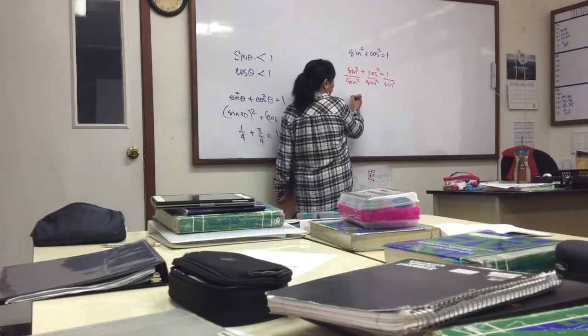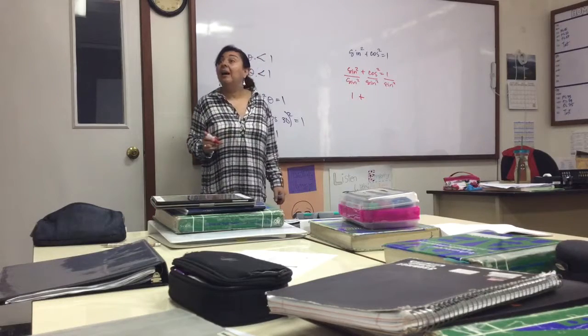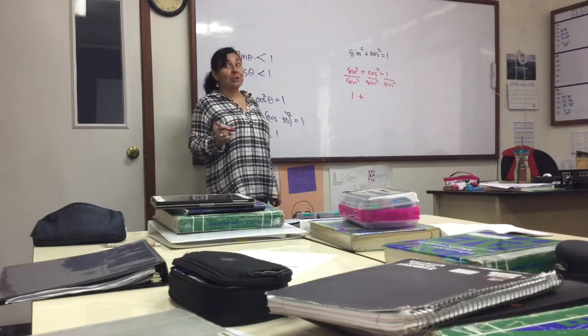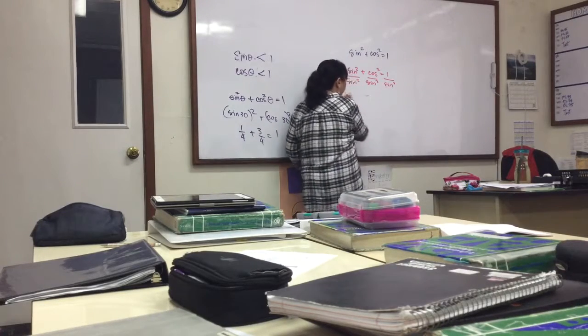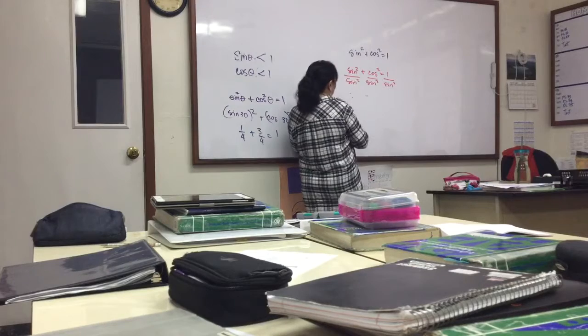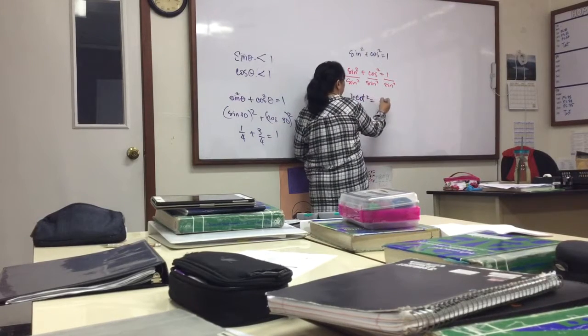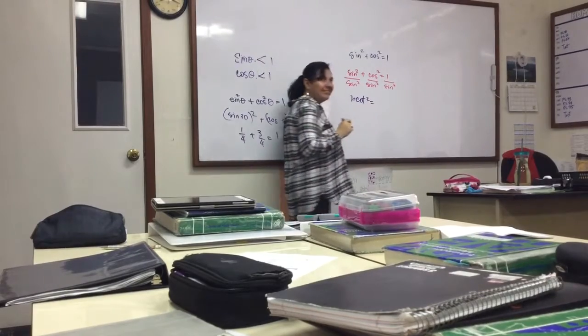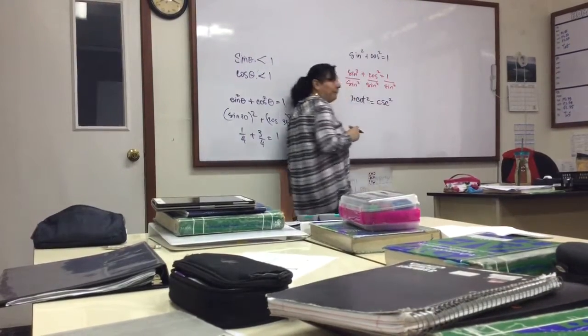So what I get is 1 plus what? Cosine over sine? Cotangent squared. 1 plus cotangent squared equals cosecant squared. Very good. Does everybody see it?